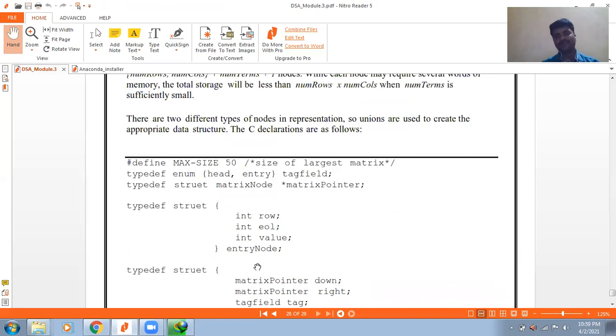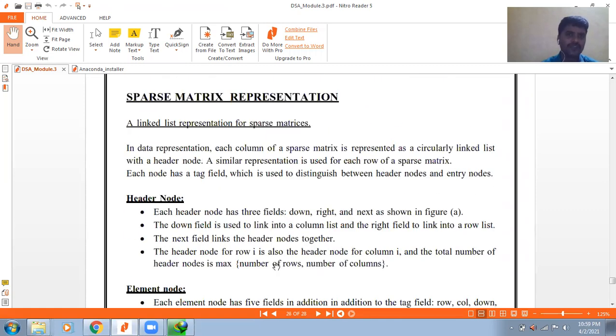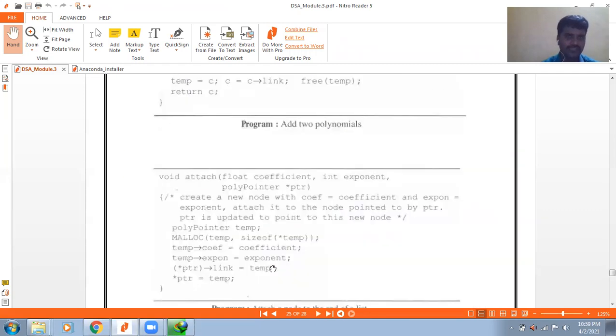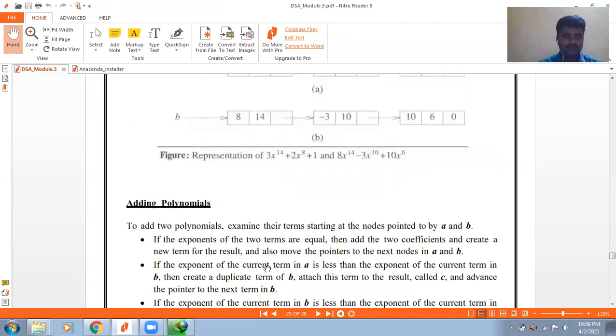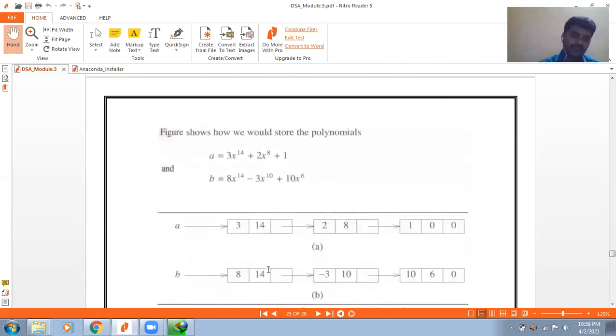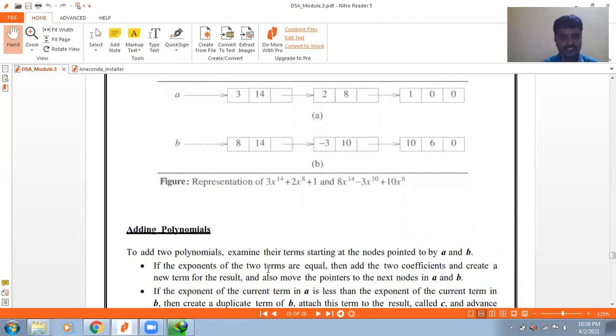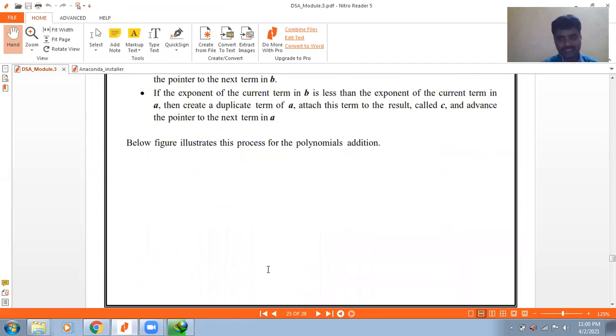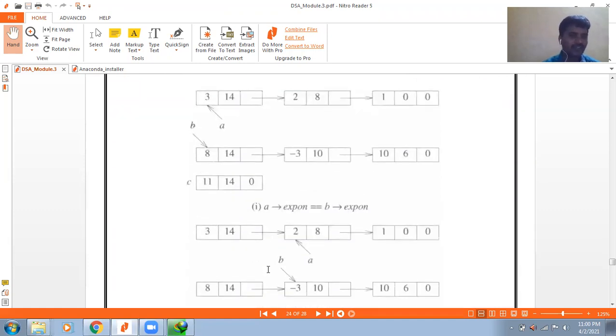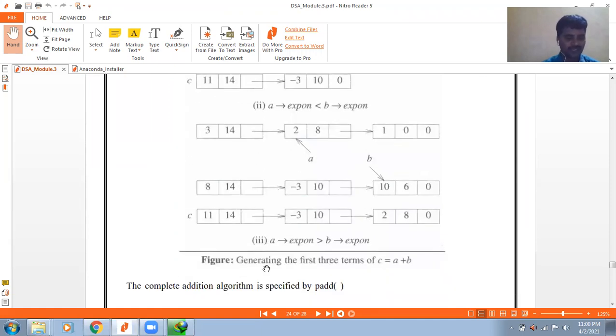So in this session, in conclusion, we discussed linked list applications. We discussed polynomials, the importance of polynomials, how we add polynomials, and at the same time how polynomials are represented with coefficient, exponent, and link values, and how we can program polynomial addition.